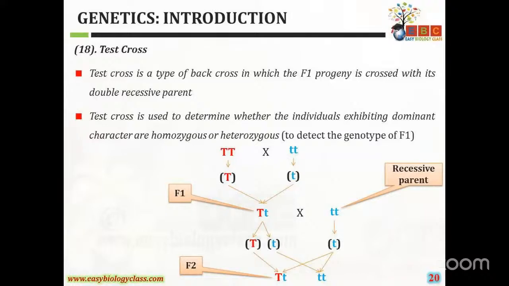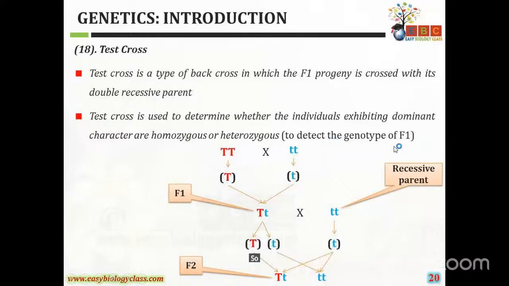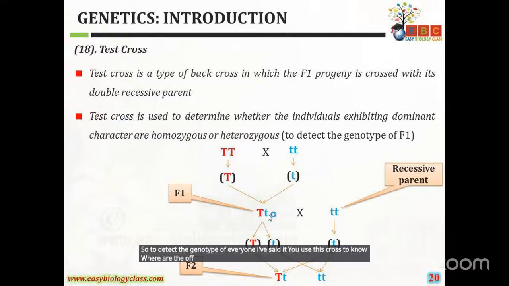Test cross is used to determine whether the individual exhibiting dominant character is homozygous or heterozygous. So to detect the genotype of F1, I've said that we use test cross to know whether the offspring, the F1 here, is homozygous or heterozygous.